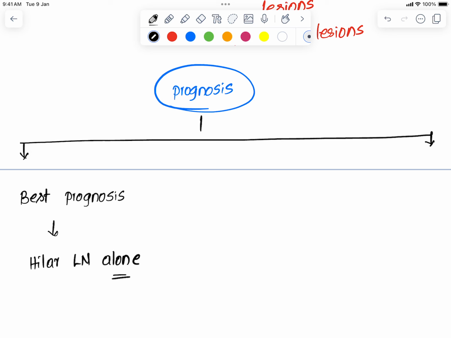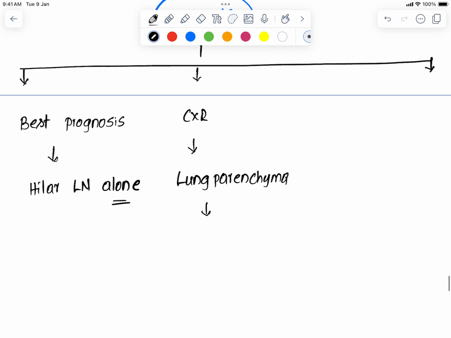And if there is radiographic involvement of the chest X-ray showing that there is also lung parenchyma involvement, then it is considered to be the individual with the worst prognosis.